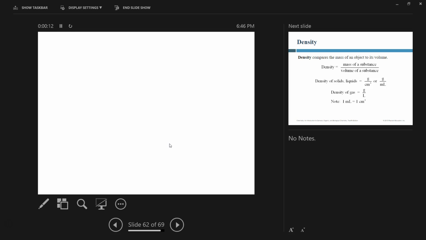All right, follow me. So, density. We're going to call it D, and it is 0.8 for simplicity, all right? 0.8 grams per milliliter.